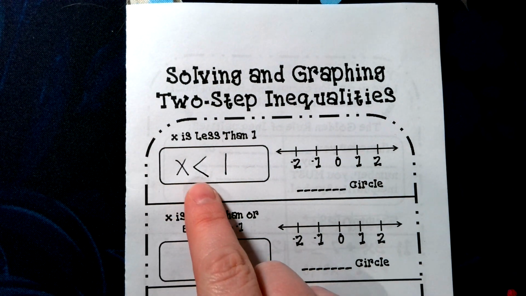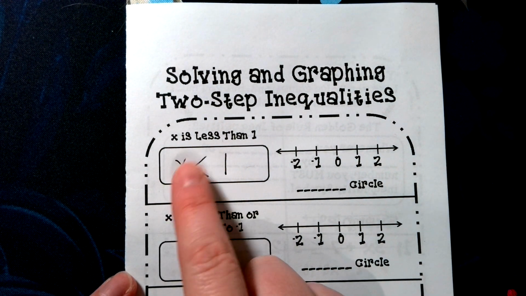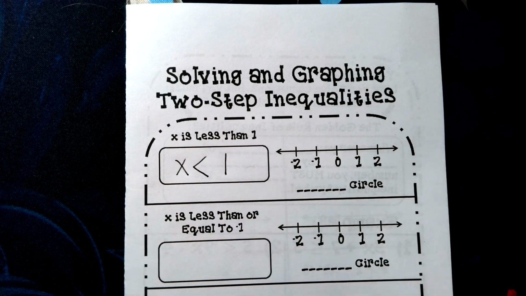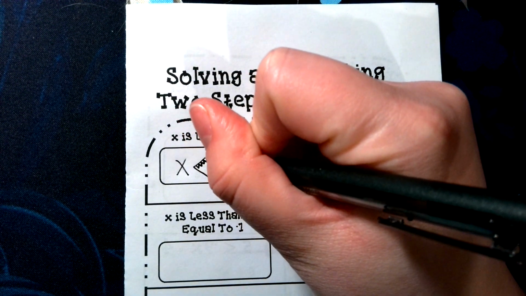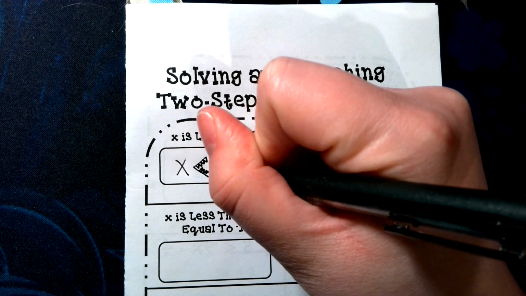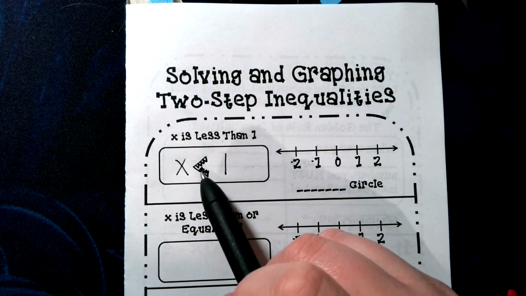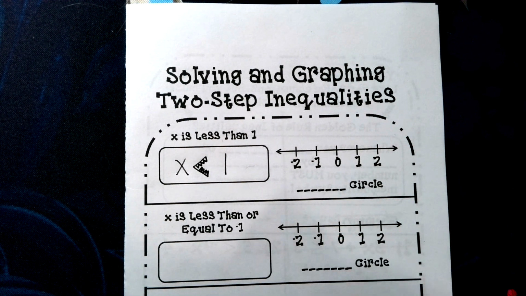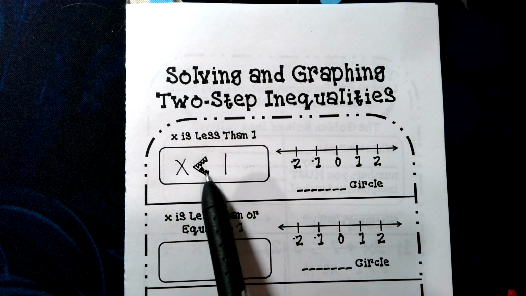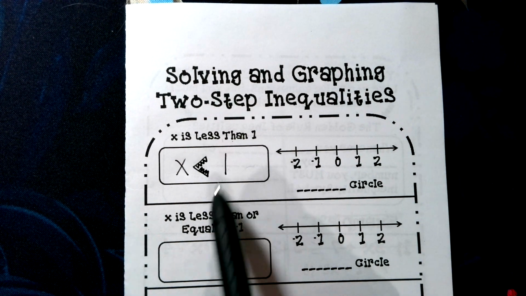If you struggle to remember which way the inequality should face, I think about it like it's an alligator mouth. The alligator wants to eat whatever side has more. So x is going to be smaller than, less than 1.